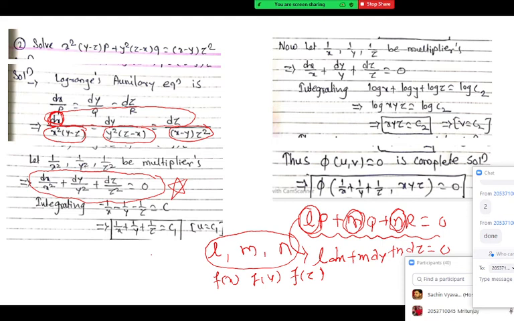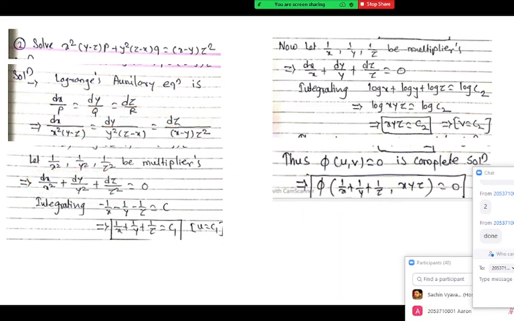So 1 by x square, when we are multiplying it with dx by x square into y minus z, how is the denominator becoming 0, sir? You will observe, let me show you. These are the multipliers we selected. Now let me multiply here. So 1 by x square into this denominator. What is the denominator?